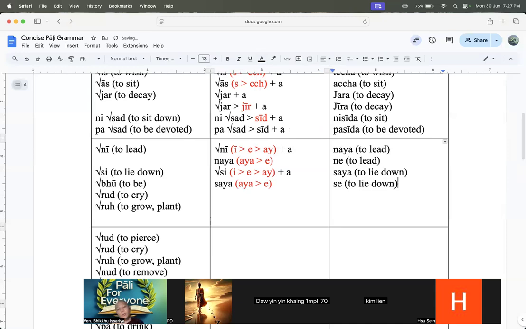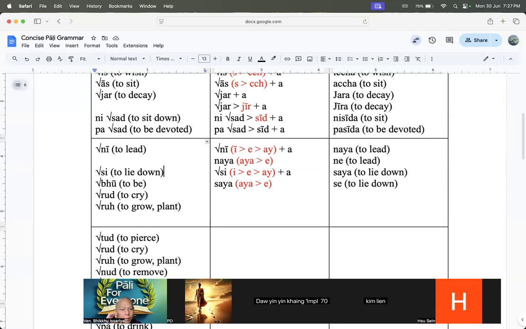So that is the same as the Nayati, Neti, Nayanti, Nenti, Sayati, Seti, Sayanti, Senti, Sayasi, Sesi, Sayatha, Setha, Sayami, Semi, Sayama, Sema. In this way can be.